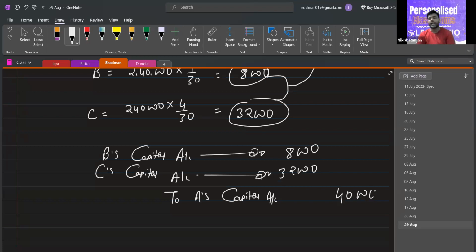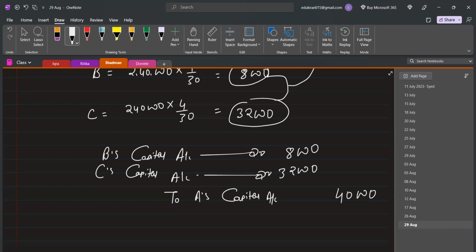Now, why are their capital accounts debited and A's capital account credited here? Because B and C are giving to A, and if they are not giving in cash, they are giving it in the form of capital. So their capital will reduce.